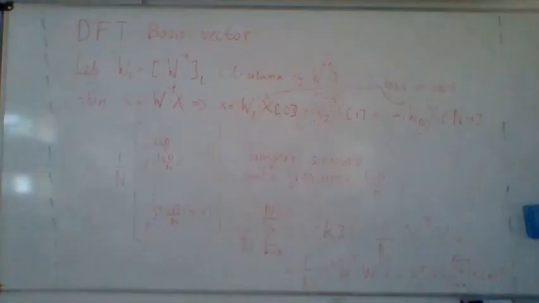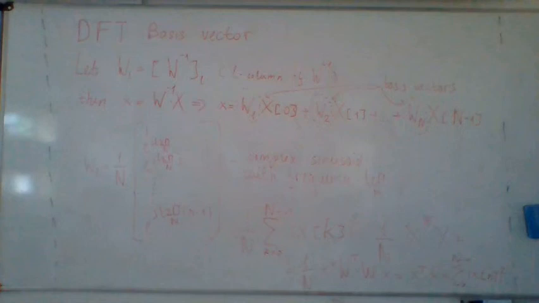All this leads us to the notion of the basis vector. Let us denote W_L as the L-th column of the inverse matrix. Then we can define x as the product of the inverse matrix and the DFT coefficients. So we can span the columns of the inverse matrix, as we see in the formula on the right side.